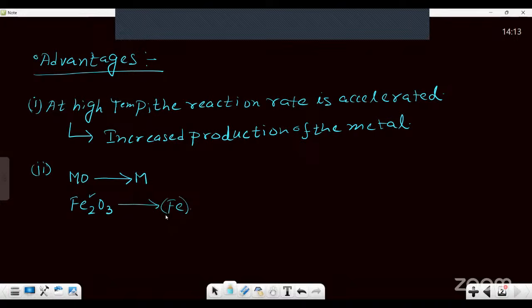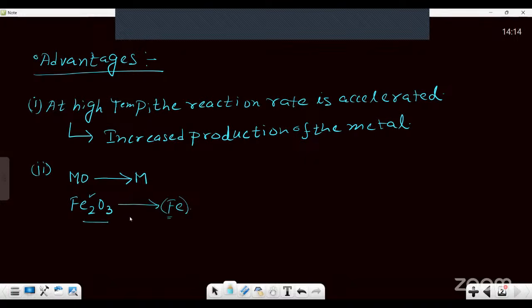Now in order to reduce it to iron, what do we do in the blast furnace? Blast furnace is nothing but a pyrometallurgical route only, so we should relate like that. What are we doing in the blast furnace? We are charging coke. The coke is the source of carbon, which is reducing my iron oxide.